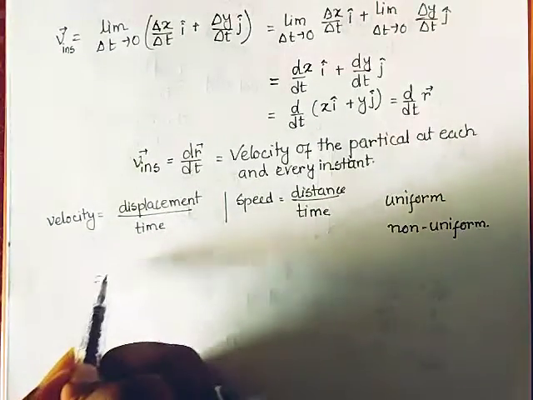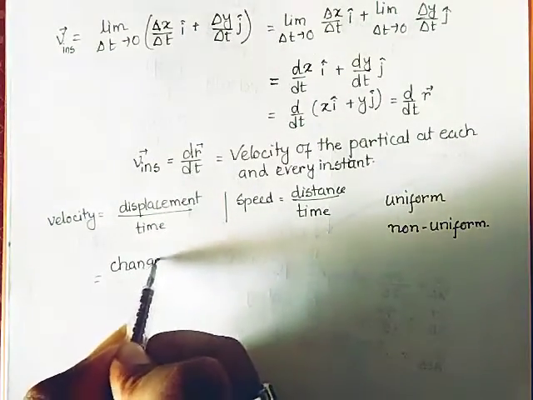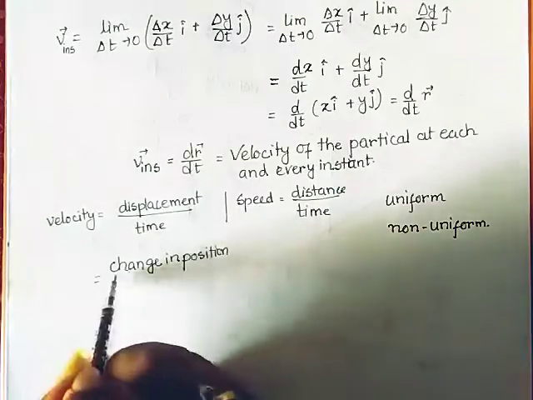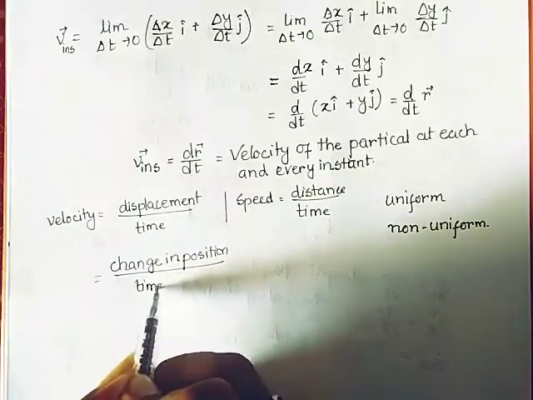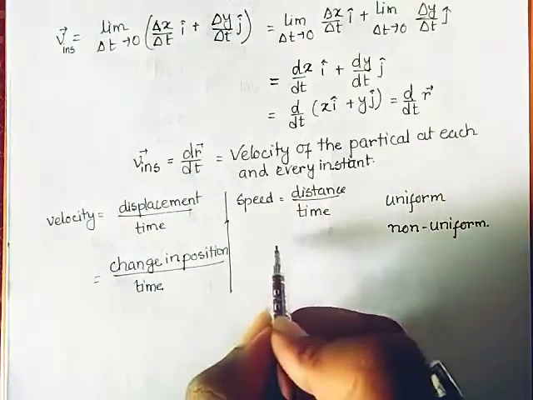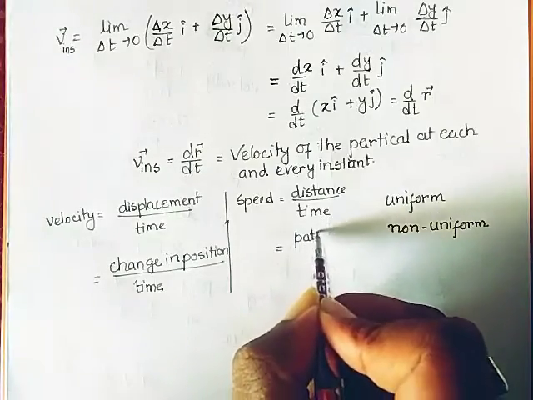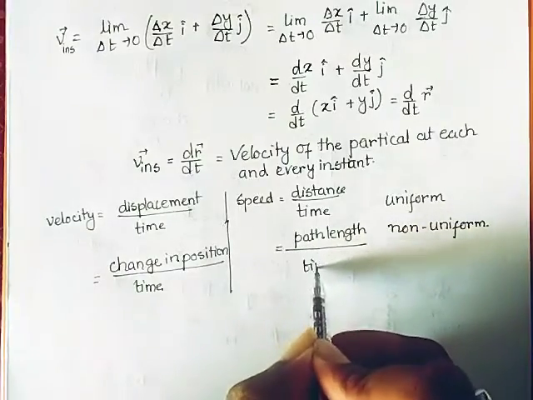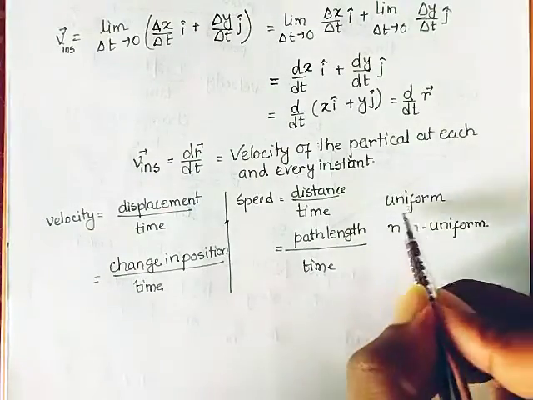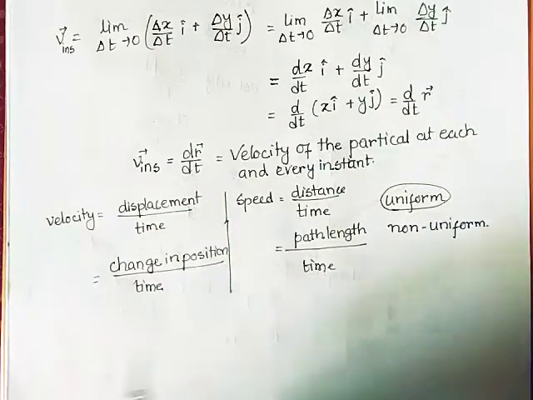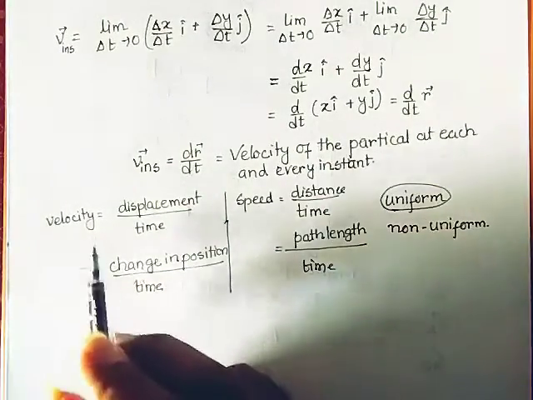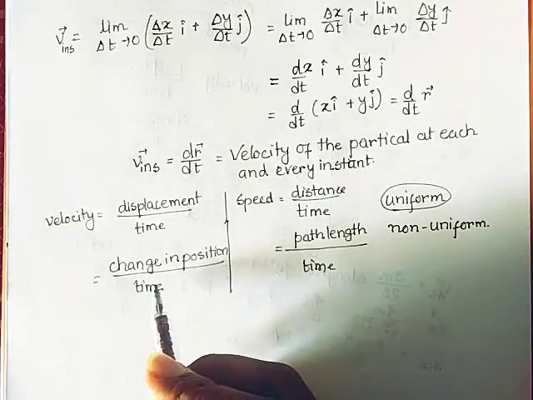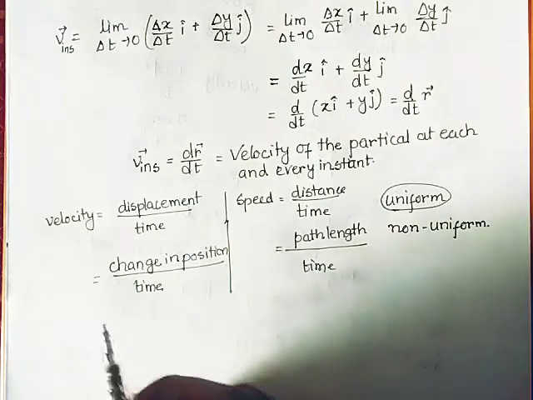The displacement refers to the change in position divided by time, and the speed denotes the path length divided by time. So a motion can be said to be uniform if this change with time is equal. If the change in time is regular, then we can say the motion is uniform.